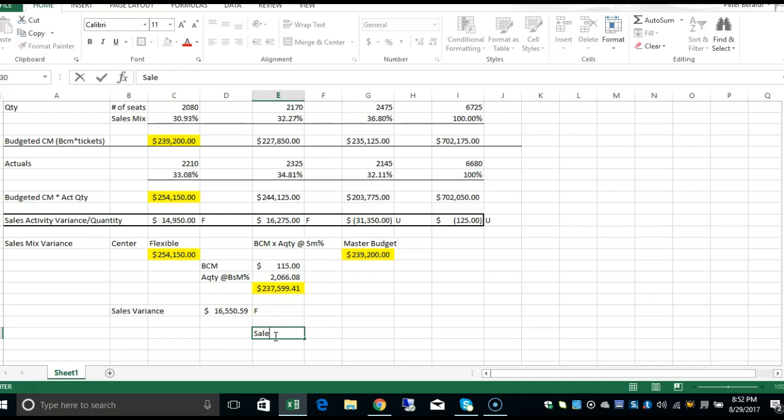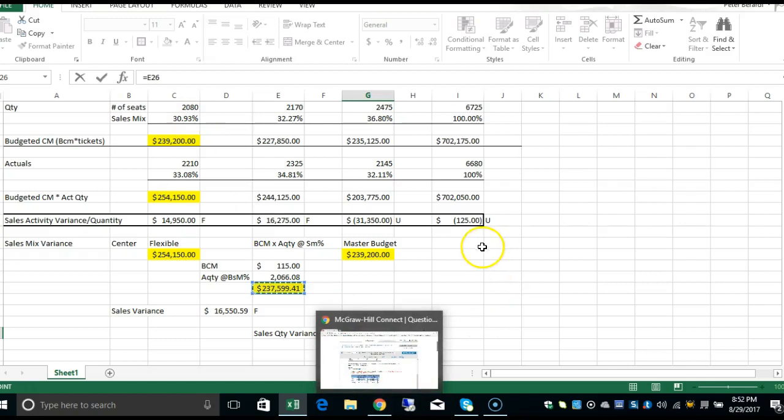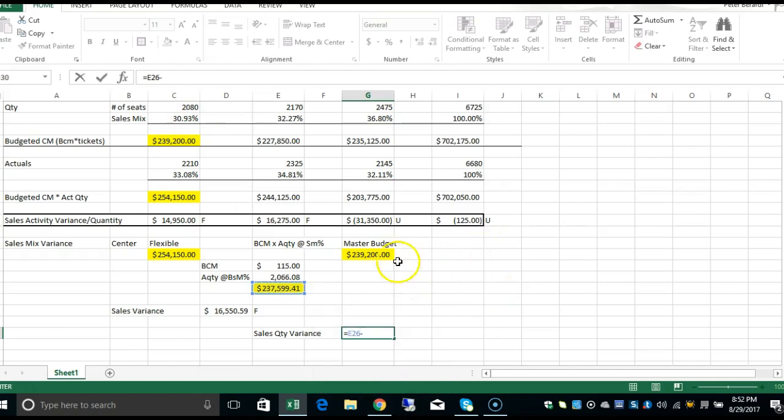The sales quantity variance is going to be based on the budgeted contribution margin at actual quantity as if it were at budgeted sales mix percent minus the master budget. And that's unfavorable.